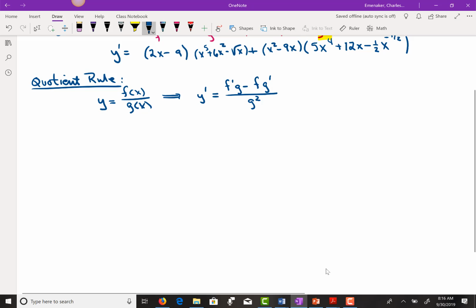Ho d hi minus hi d ho over ho ho. However you want to remember it is fine. In using this, there is one assumption. We're going to assume that g of x is not 0. Because if g of x equals 0, the thing's undefined, isn't it? And it's game over.